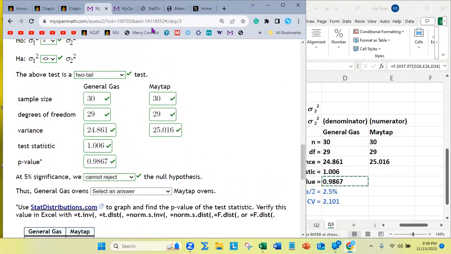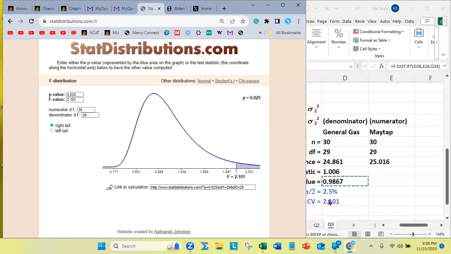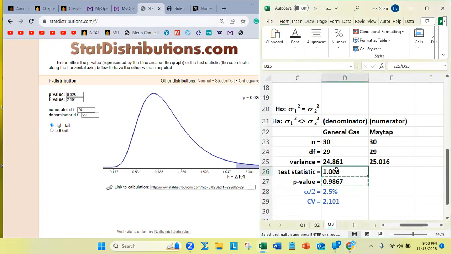Okay, now let's go into statdistributions.com, right? Now, where's my test statistic? You've got to imagine there's a blue area down here. We don't have to do it because the test statistic will always be greater than 1, right? But it's really close to 1. It's not under the blue area of the lower tail or the blue area of the upper tail. It's under the white area, 1.006.